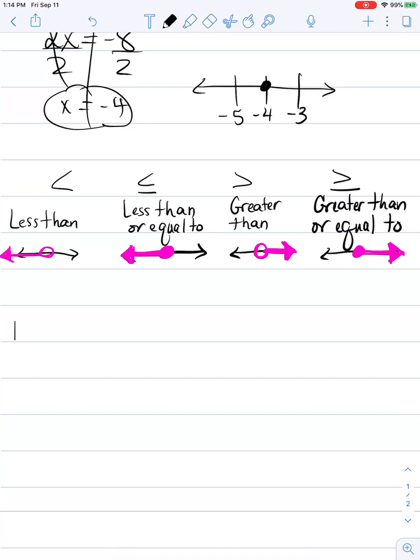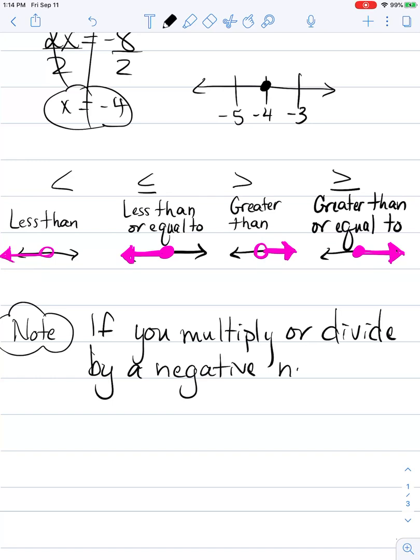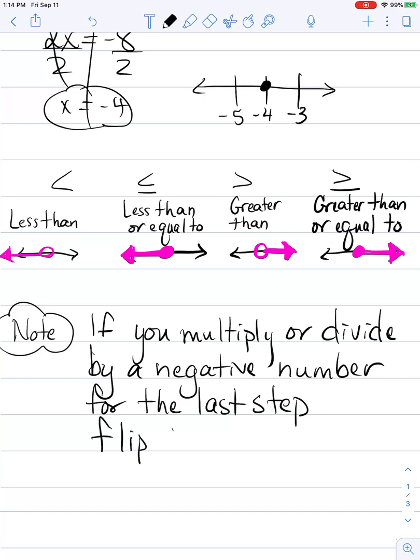However, let's put a note here. Note, if you multiply or divide by a negative number for the last step, this is the important part, flip the inequality sign.